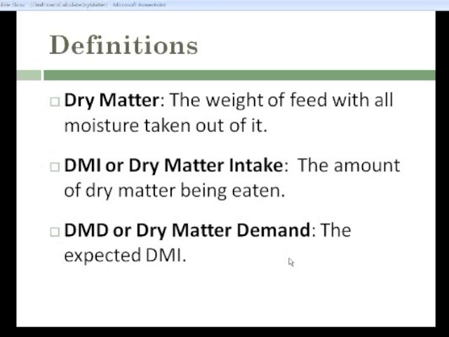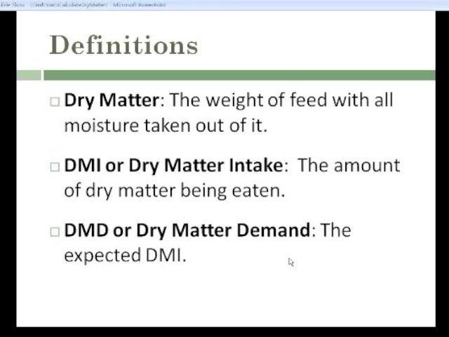So now let's look at a few definitions of terms that we'll be using during the webinar today. Dry matter is simply the weight of the feed with all the moisture taken out of it. So feed records will be either on an as-fed basis, which is the feed with the water still in it, or on a dry matter basis, which is the weight of the feed once you subtract the weight of the water from it.